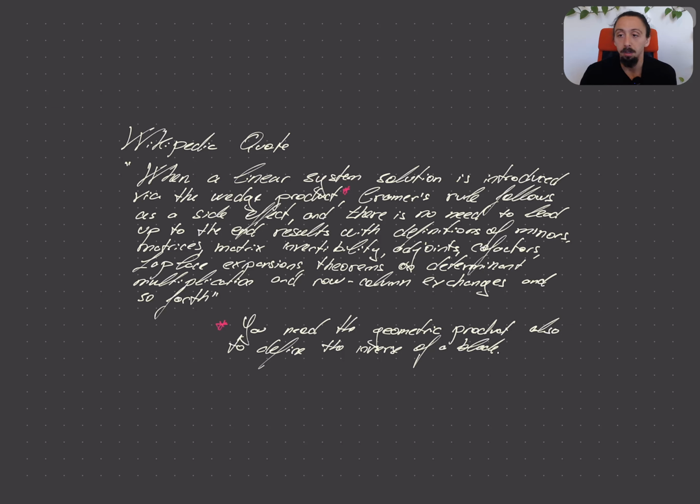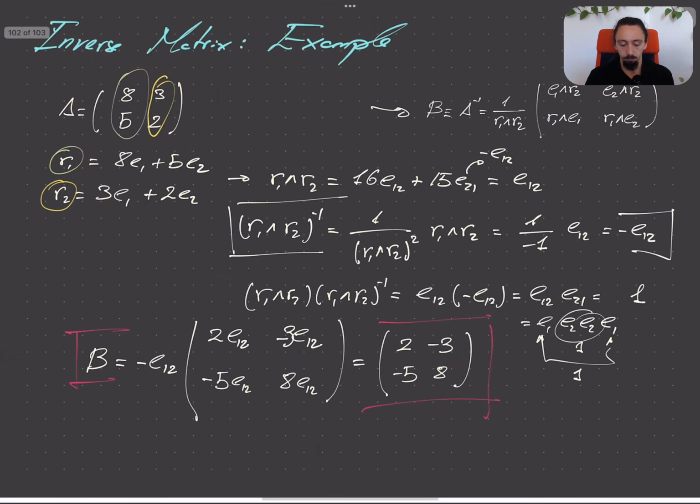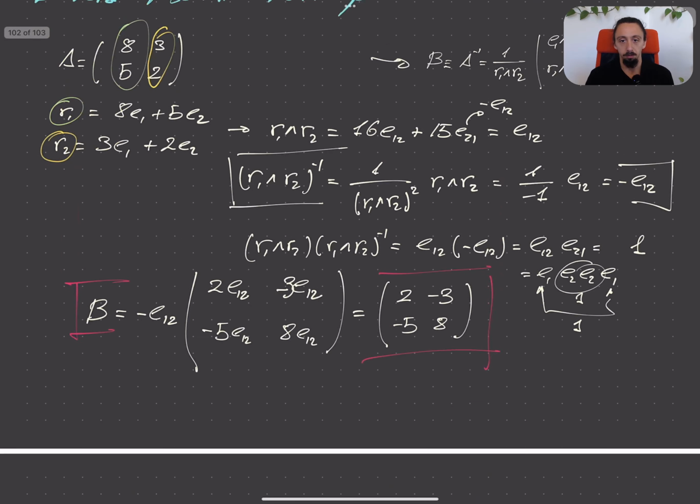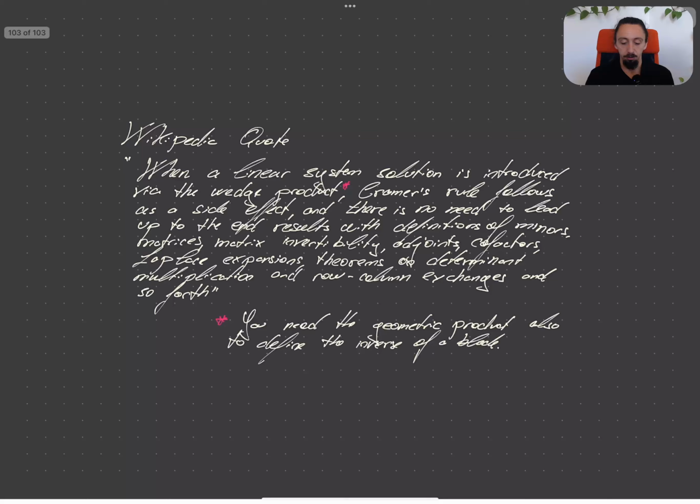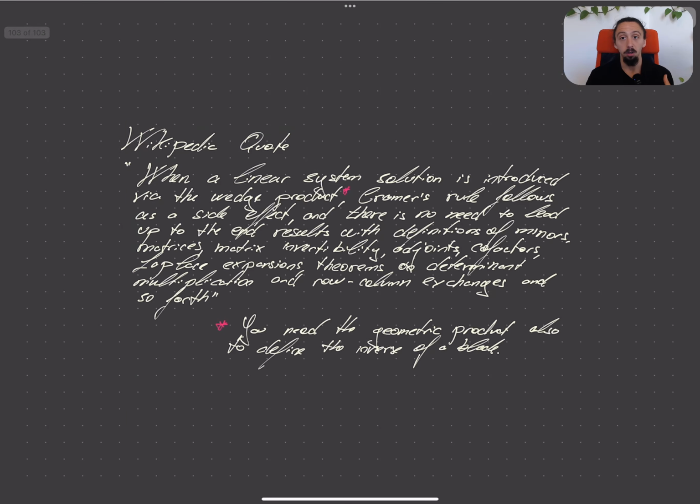So basically, with this technique that we have developed, which looks very natural and very geometric, we are dispensing with a lot of the other necessary techniques that we had to introduce in linear algebra to calculate the inverse.